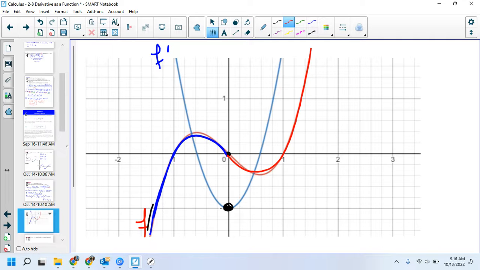Where the slope of the tangent line goes from decreasing actually back to increasing again. So it's actually talking about the rate of change, the double derivative. But we'll get there.